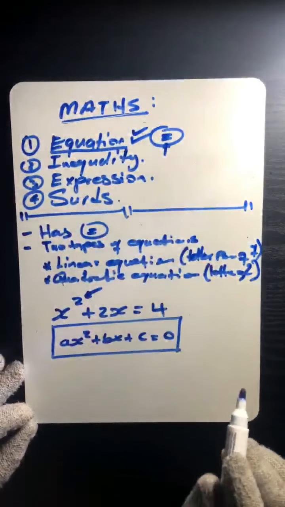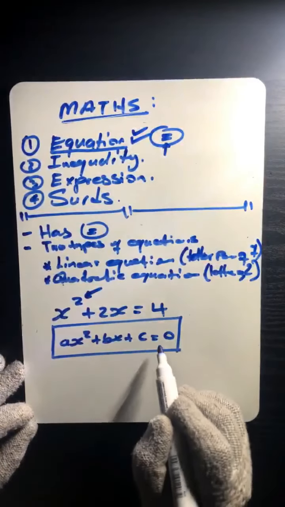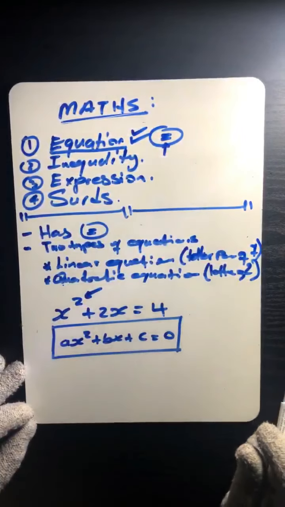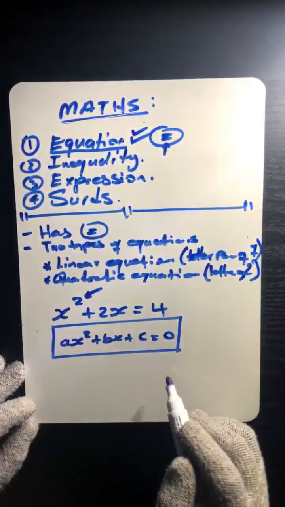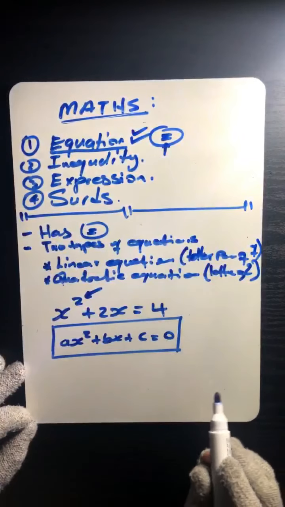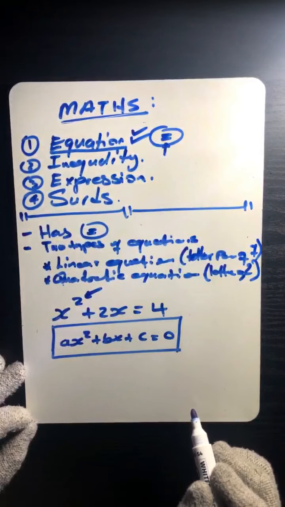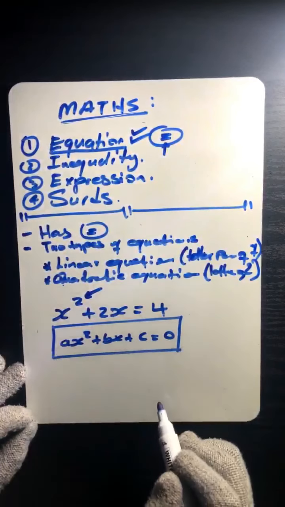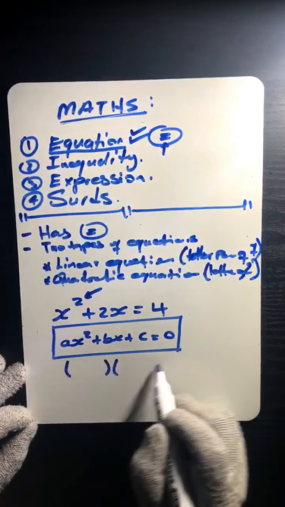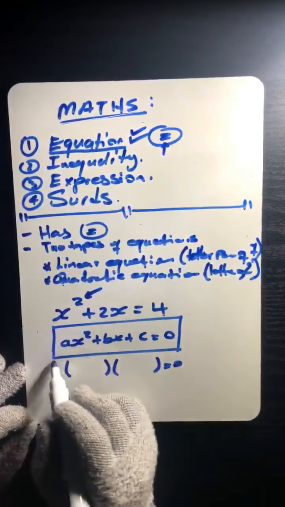Okay, so now again, it means everything has to be equated to 0. If it's not equated to 0, you transpose until it is equated to 0. Agreed? Yes. So now, after you've written it in the standard form, you therefore need to find the factors, or to factorize.